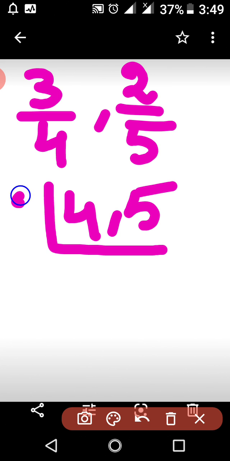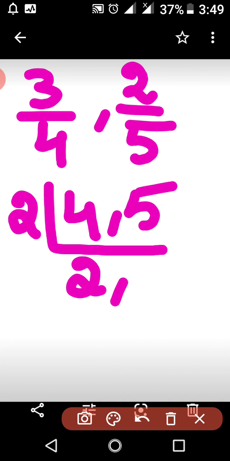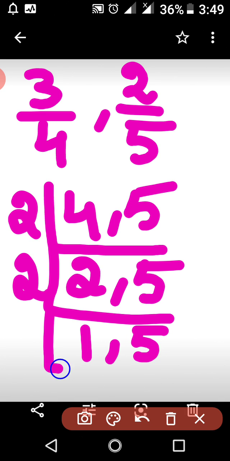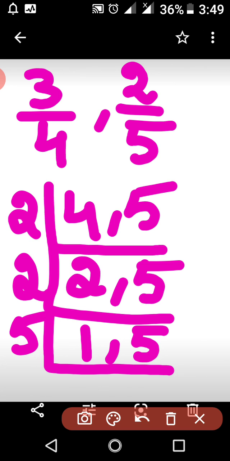First prime number is 2. 2 2s are 4. 5 is not divisible, write it down as it is. And again 2. 2 1s are 2. 5 is not divisible, write it down as it is. After 2, next prime number is 3. Here there is no multiple of 3, so move to the next prime number 5. 5 1s are 5.